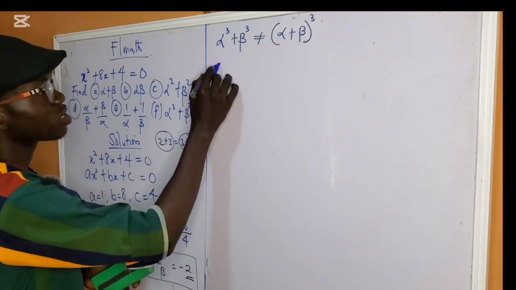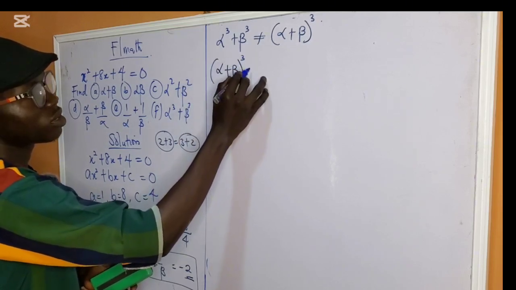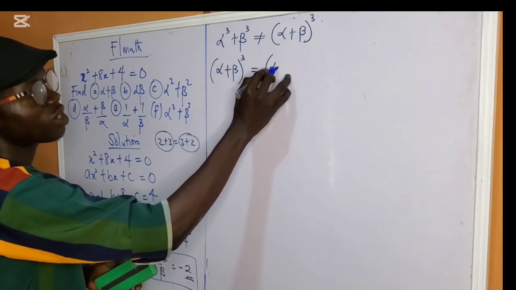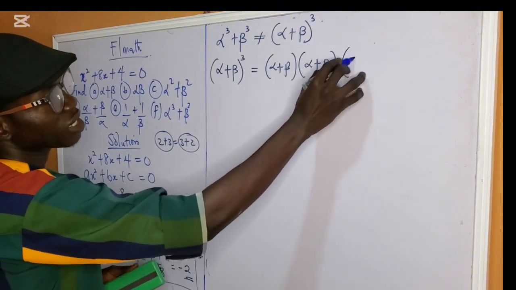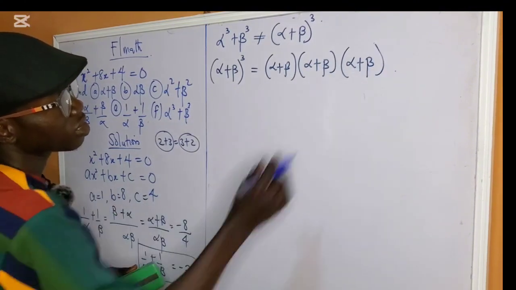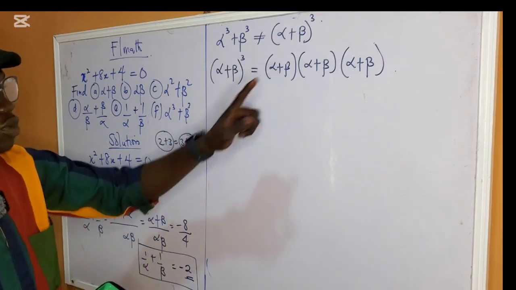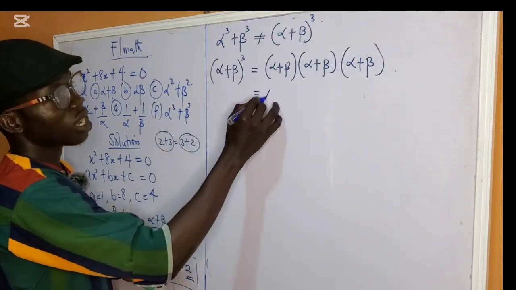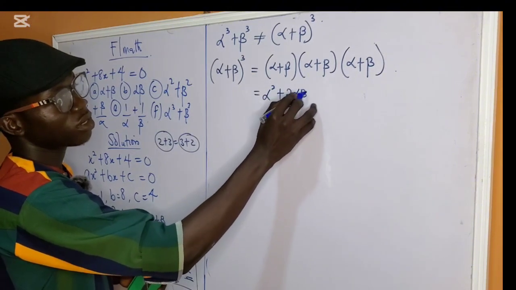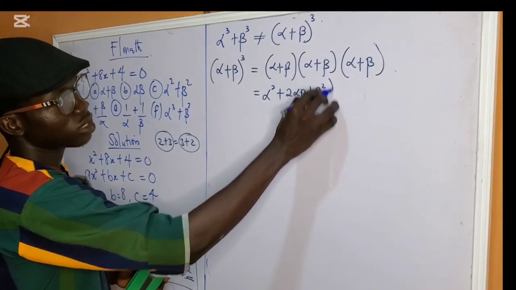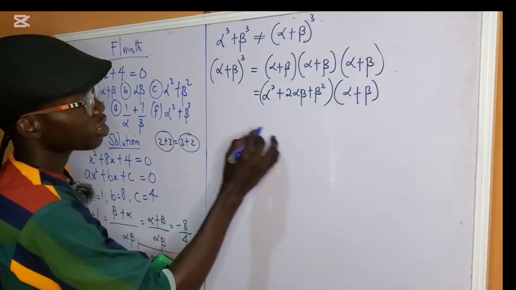So this is going to give us alpha plus beta cubed, equals alpha plus beta bracket, alpha plus beta bracket, alpha plus beta. Now from the last one we solved, the alpha squared plus beta squared, we got alpha squared plus 2 alpha beta plus beta squared. So we can have that in bracket, alpha plus beta.